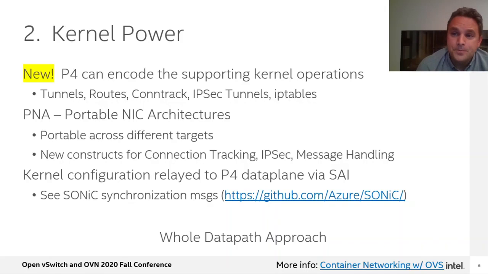And so, there are two things that we've done to allow you to encode those inside of P4. The first one is called the portable NIC architecture, PNA. PNA is based on the portable switch architecture, which came out a couple years ago.